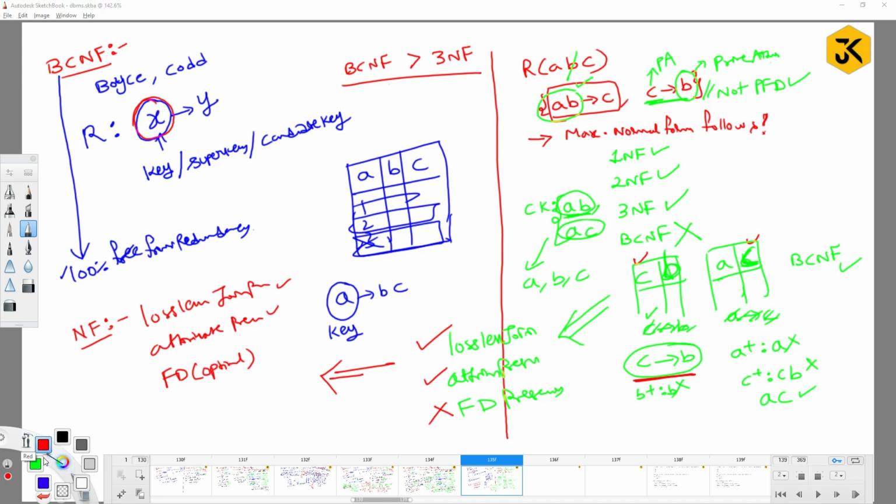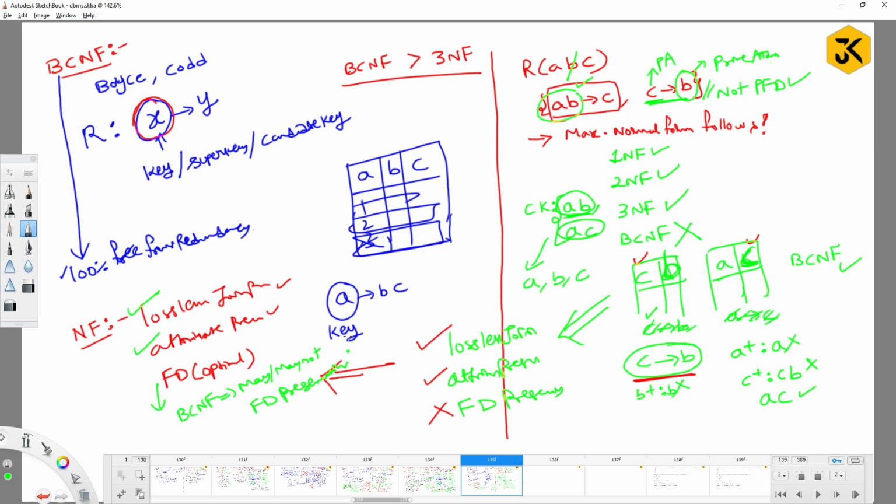BCNF is also going to satisfy the lossless join property and attribute preserving property, but FD preservation may or may not be satisfied. BCNF may not satisfy the FD preservative.